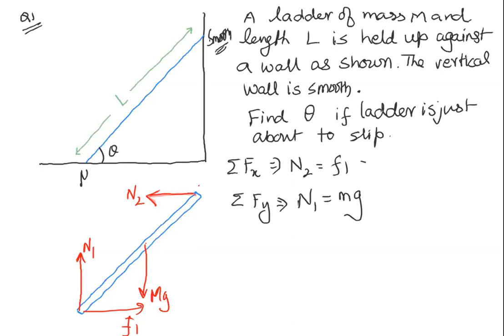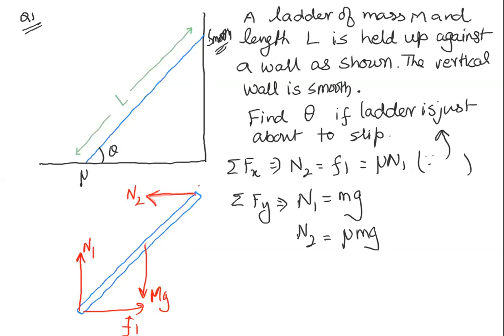And this F1 should be equal to mu N1, since the ladder is just about to slip. So this means that N2 should be equal to mu mg, right? Now we want to find theta.